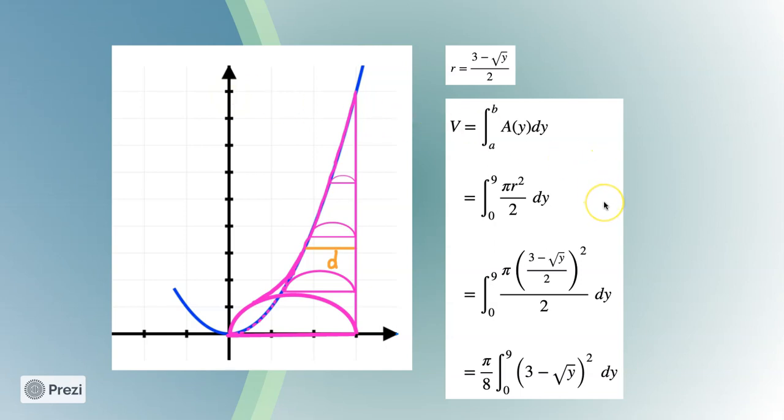When you substitute r equals 3 minus root y over 2, you get this expression, and you can extract all the constants in front of the integral. We have some pi again because it's a semicircle. Just don't put a pi systematically. It's only when we have circles or semicircles. Otherwise, if we have rectangles or triangles or squares, then there would be no pi.